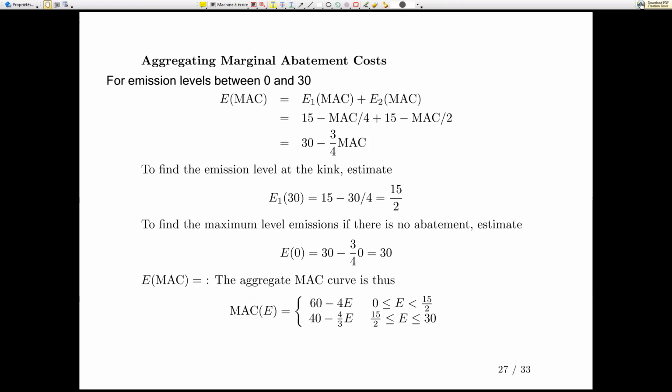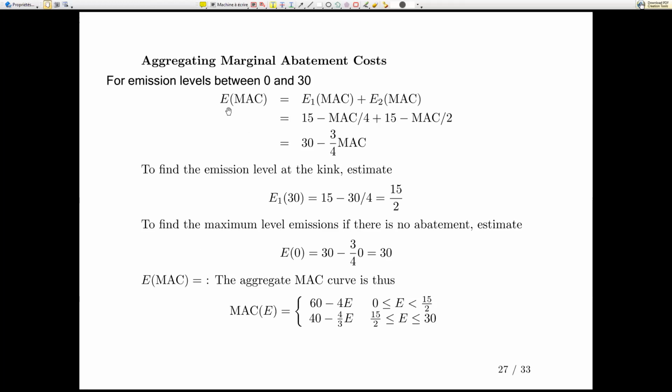And now to find the maximum level of emissions if no abatement, that's quite easy. We just did it. Oh yeah, so that's 30, not 60. And then we can reverse this.